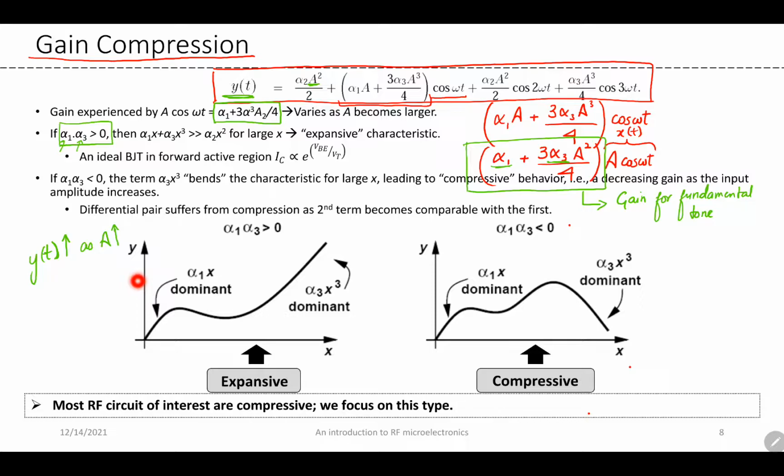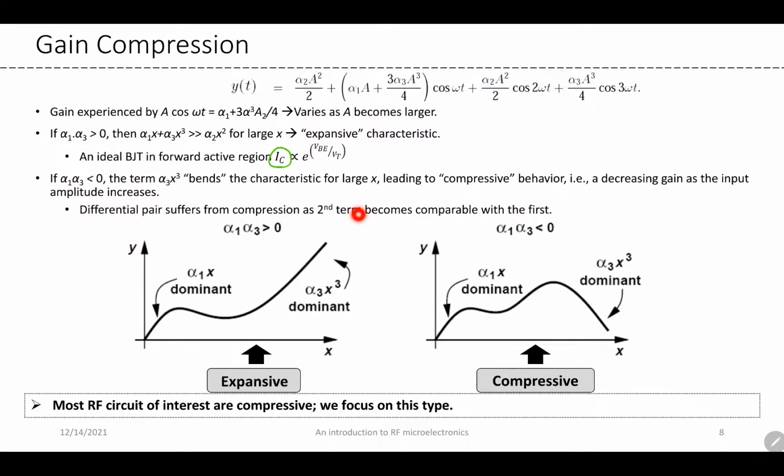A very simple example would be an ideal BJT in the forward bias region.